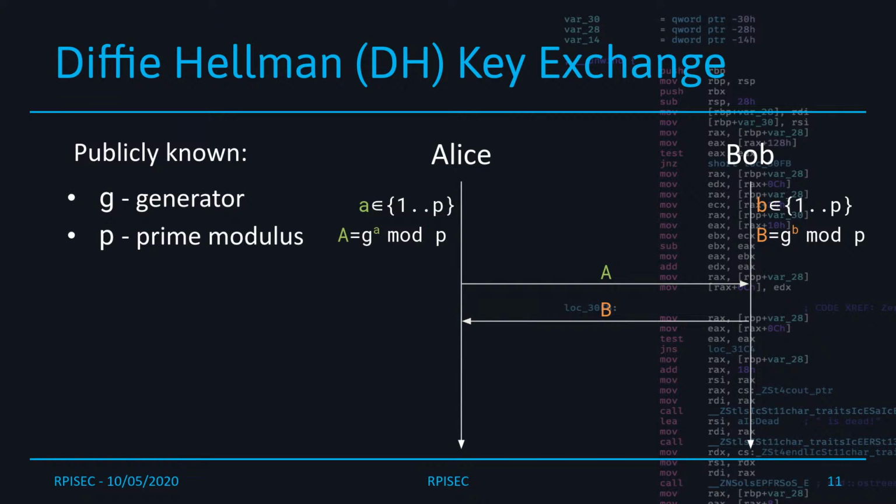Now, if someone is watching the traffic on the network here, they won't actually be able to figure out what little a and little b are from just looking at capital A and capital B. This is because if little a is quite large, the number g to the power a is larger than p, which most likely it will be, then like I mentioned earlier, that result will wrap around multiple times through this circle 0 to p.